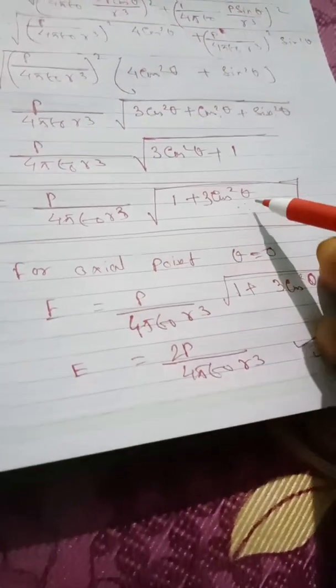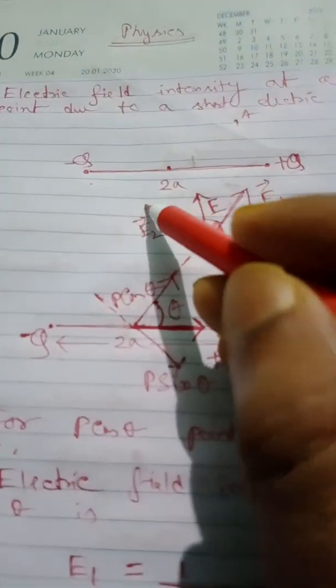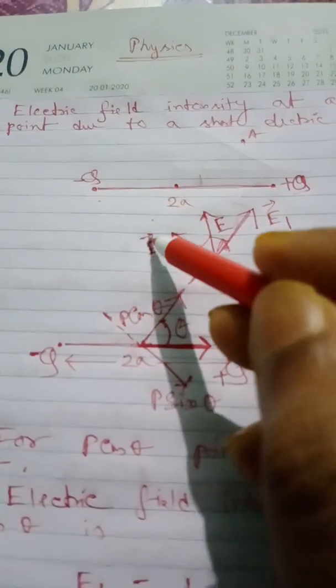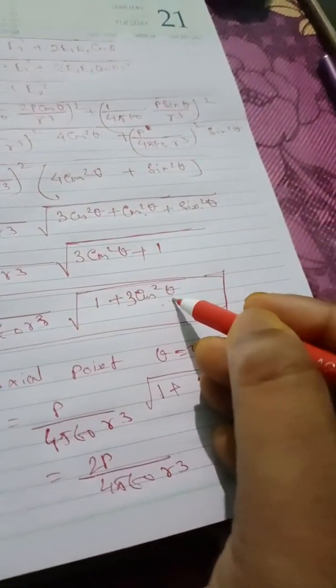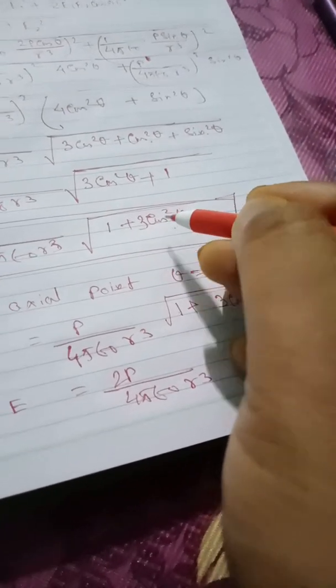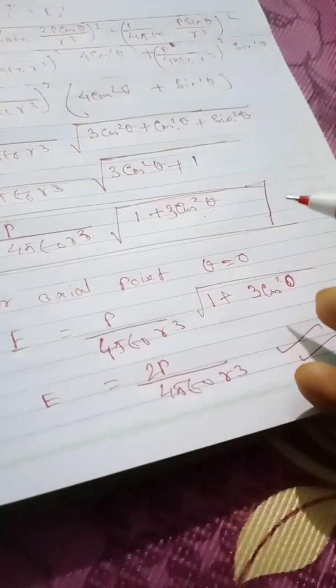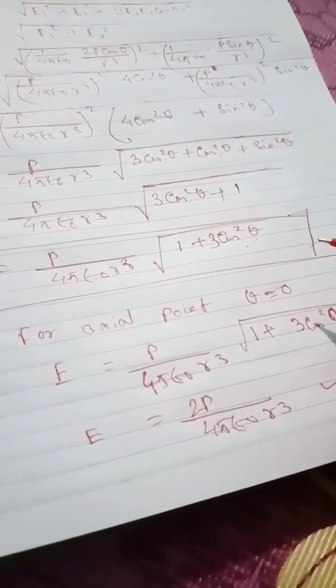Similarly, if you put theta equal to 90 degree, then that point will be the equatorial point. If you put theta equal to 90 degree, then cos square 90 becomes 0, and we will get the electric field intensity for the equatorial point of an electric dipole.